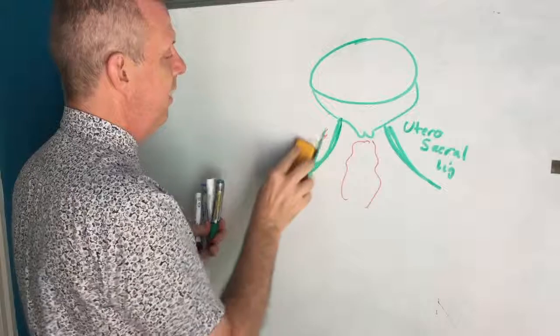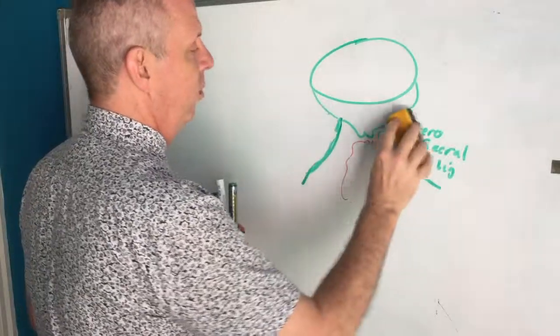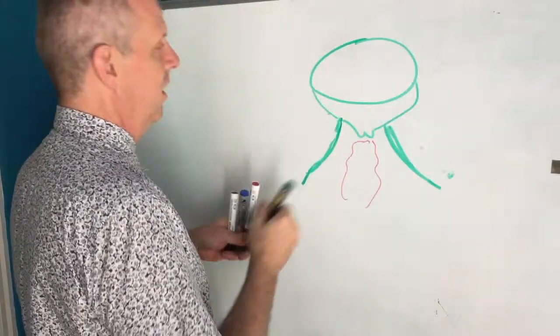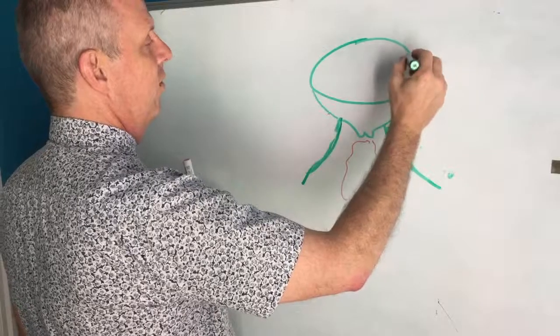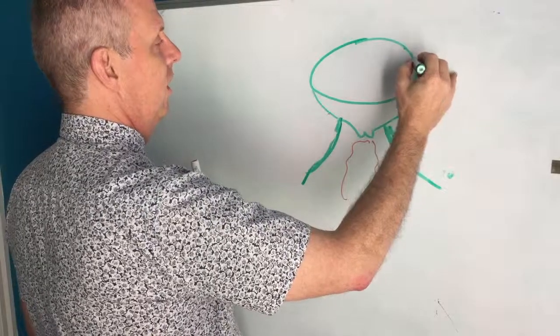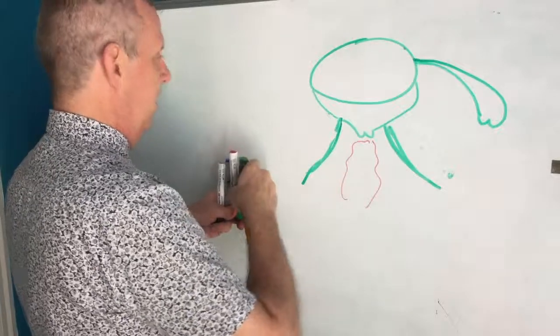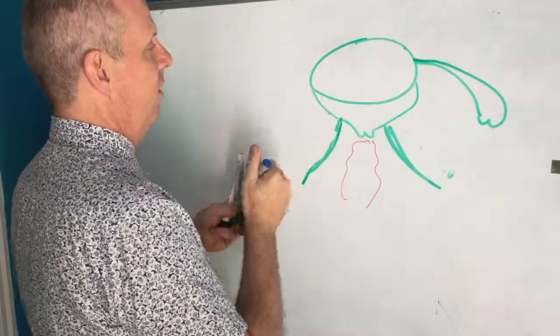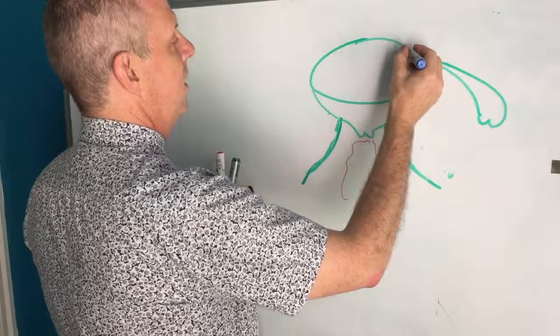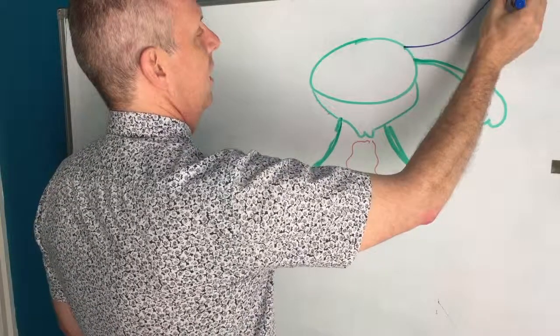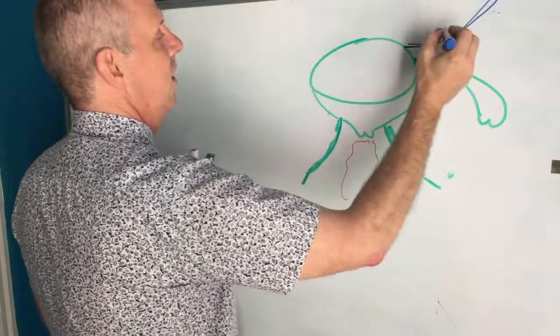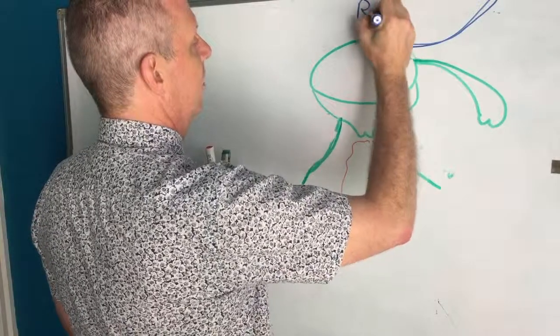Now, other structures that help support the uterus: there's a ligament that comes off. If you imagine the fallopian tube comes off over here like this and sits back like this, there's a structure that comes from the other part of the uterus right here and goes off to the inguinal canal, and that's called the round ligament.